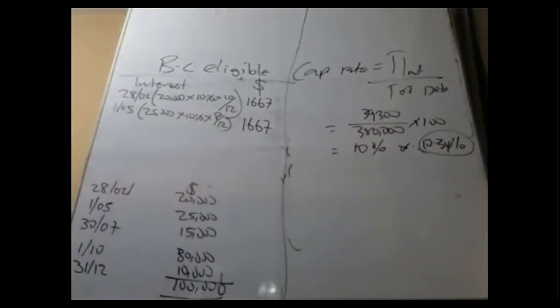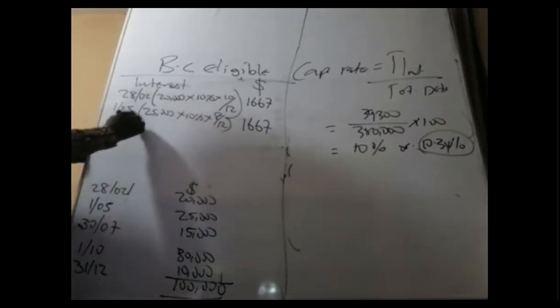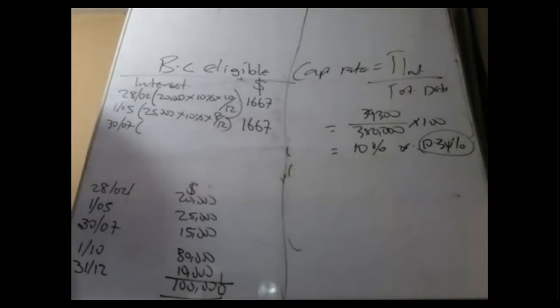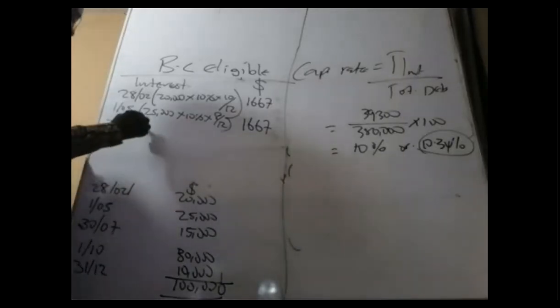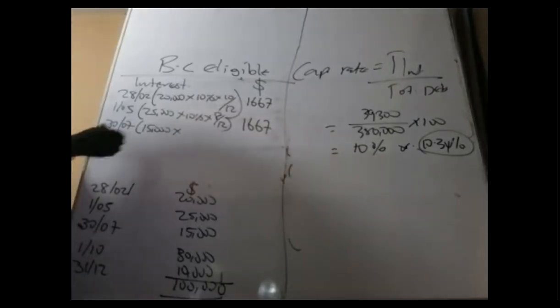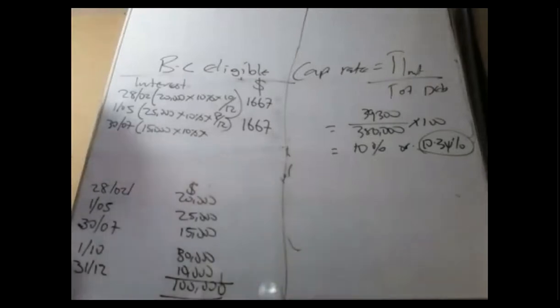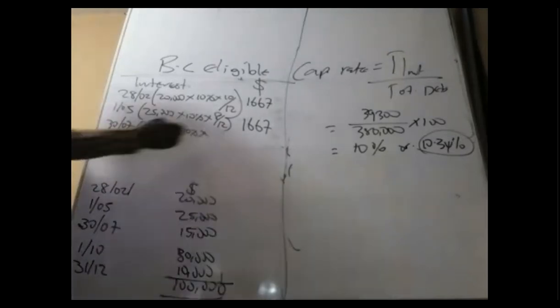Now let's go to July. On 30th of July, they also took 15,000 times 10%, and that is 5 months. So July is gone, so that is 5 months. Yes, I agree, 5 months.